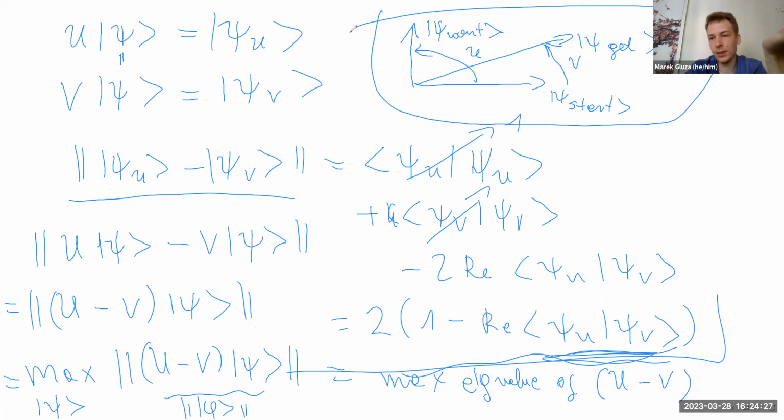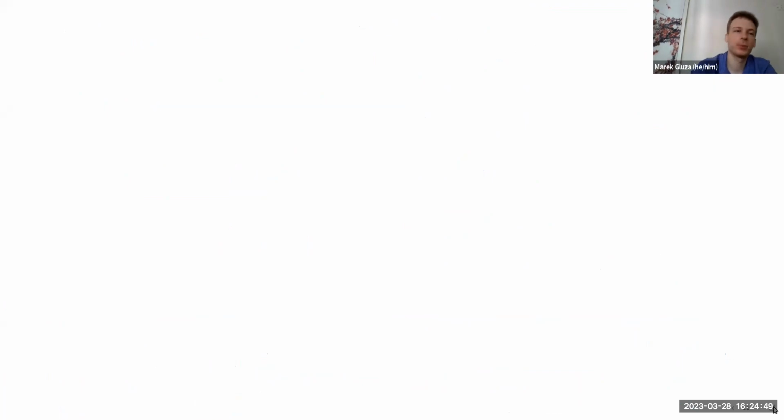And you do this with regular quantum mechanics, but then you say, okay, but what's the worst case? What's the worst starting state for this? And that will tell you the maximum eigenvalue of this difference of two different unitaries. Okay. And this is one motivation. So, okay, I think this is bringing me almost to the end.